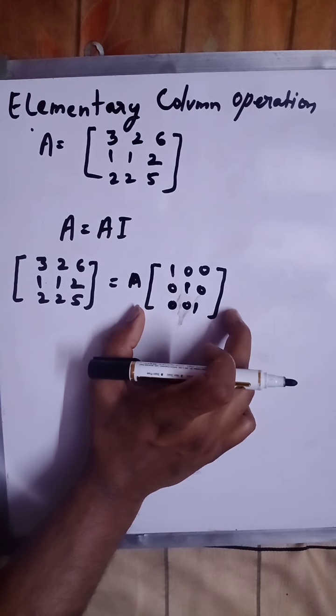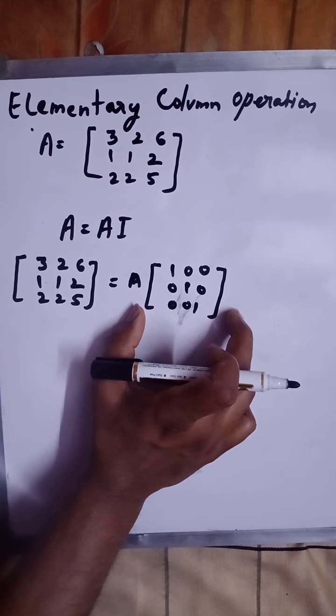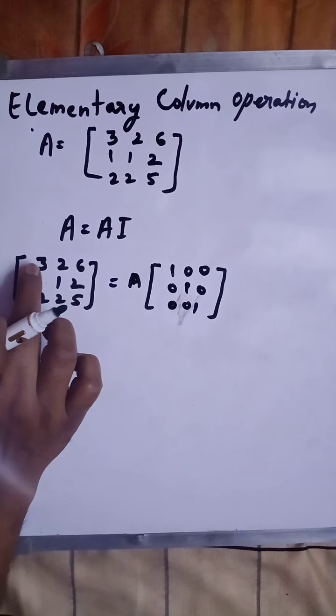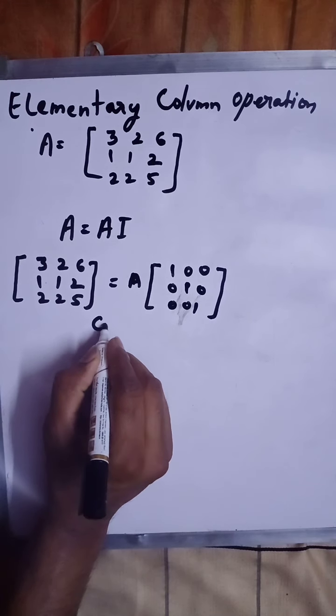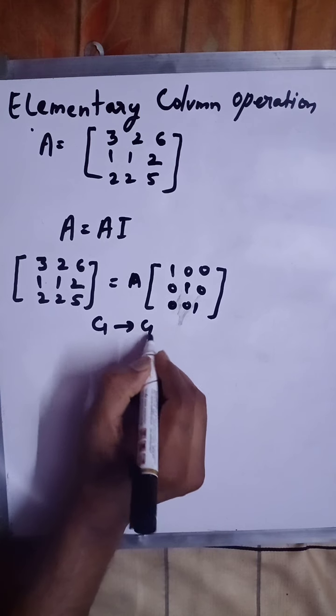The first operation which I am applying: as we can see, the top first element should be 1. So I am changing column C1 goes to C1 minus C2.